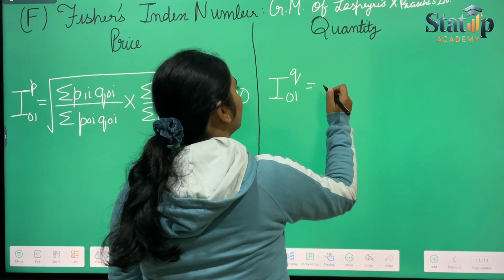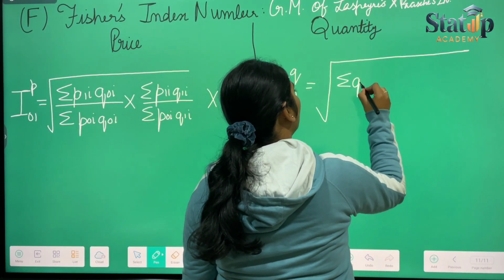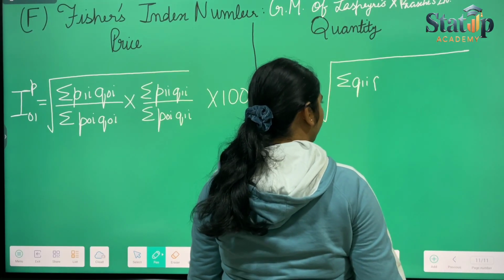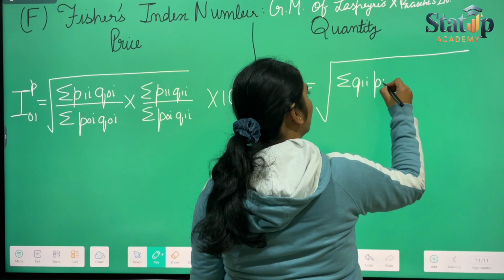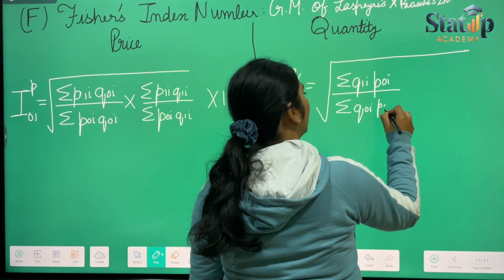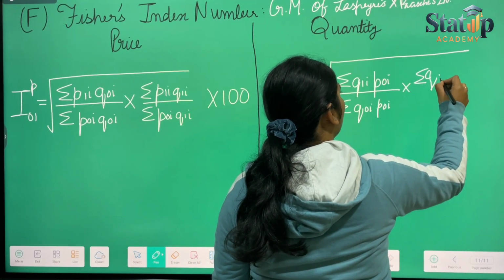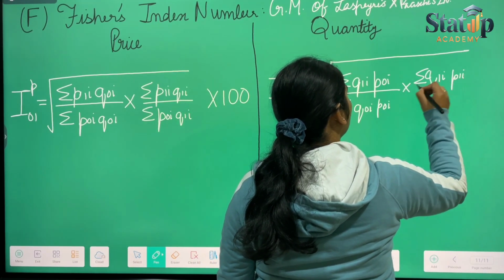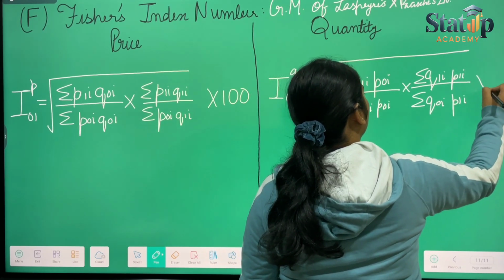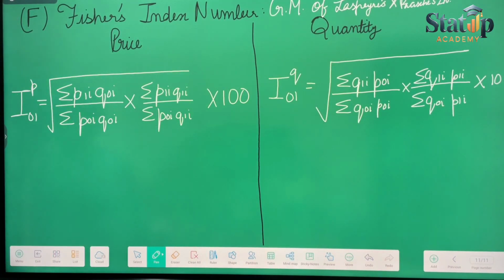I01Q is equal to the square root of summation Q1i P naught i upon summation Q naught i P naught i into summation Q1i P1i upon summation Q naught i P1i, into 100. So this is Fisher's quantity index number.